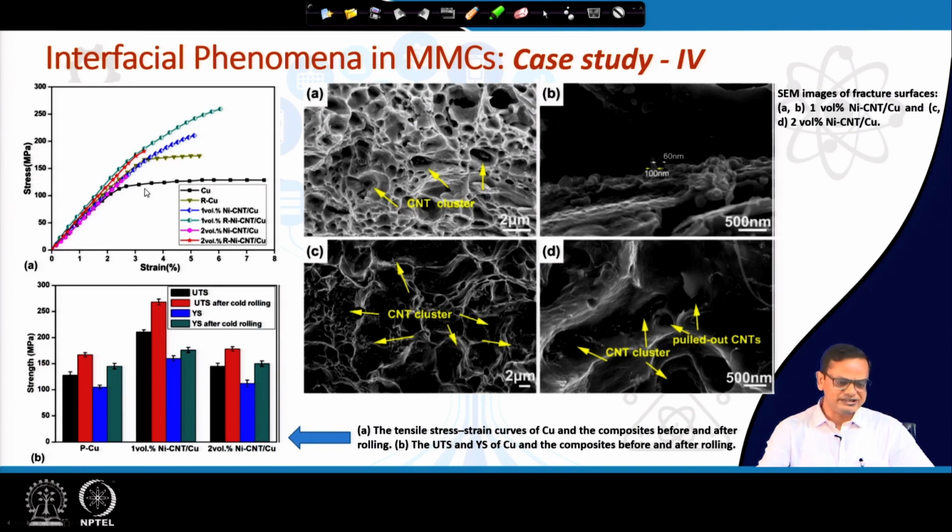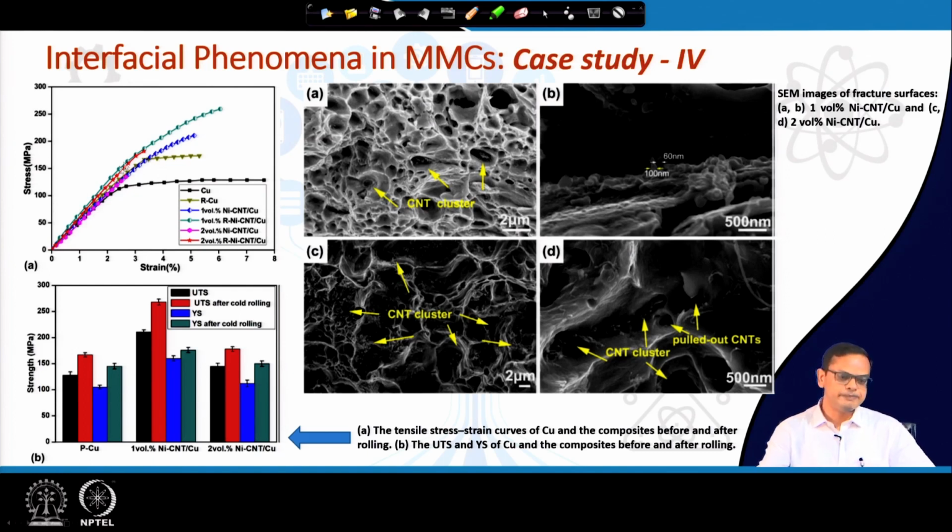And you can see here similarly, when it goes to 2 volume percent, because of the agglomeration problem, in between those agglomerated nanoparticles, or in this case agglomerated carbon nanotubes, there will be entrapped porosities. And these entrapped porosities lead to a decrease in strength, because from those defect points fracture, or failure, would initiate.